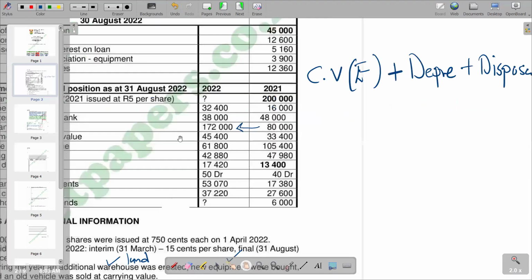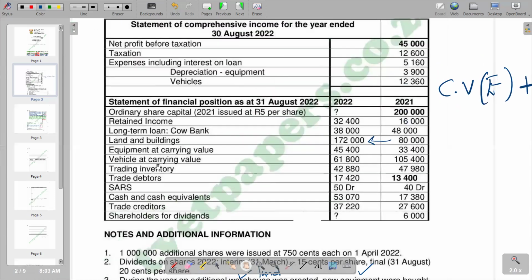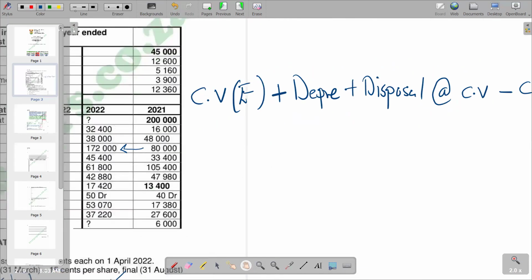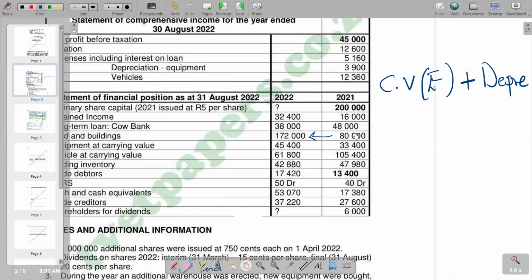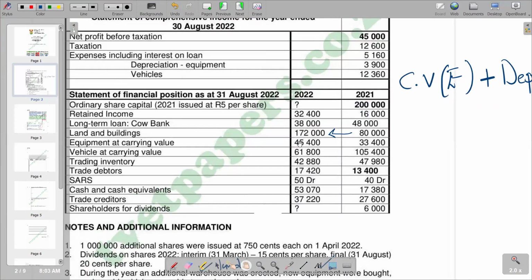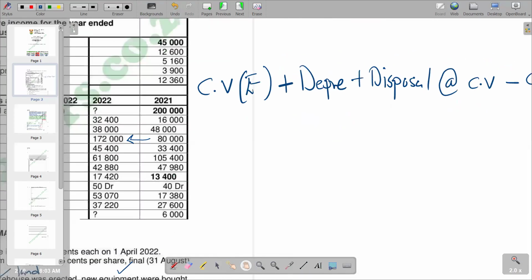So in this case, our carrying value for equipment at the beginning is 33,400. We can start with carrying value at the end, which is 45,400. So here we are saying 45,400 is the carrying value at the end, plus depreciation for the year for our equipment.